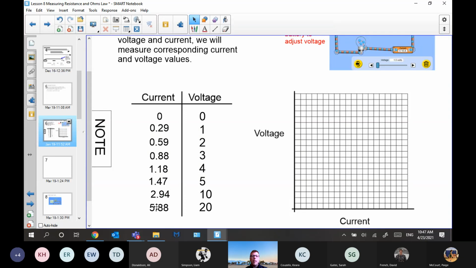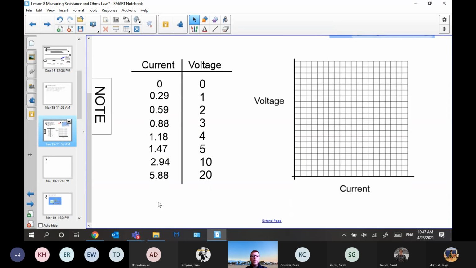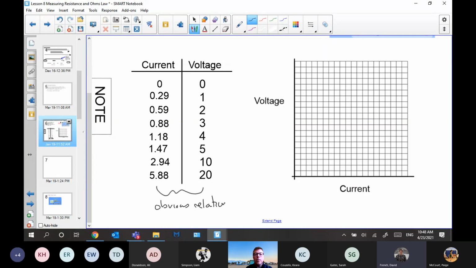So at this stage, looking at those numbers, is the relationship obvious? They're all multiples of 0.29, like close to it. So what I was hoping was no, but you're noticing, of course, the connection between the numbers, which is great.